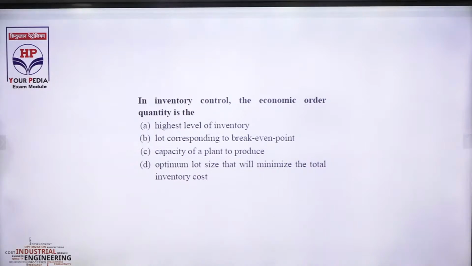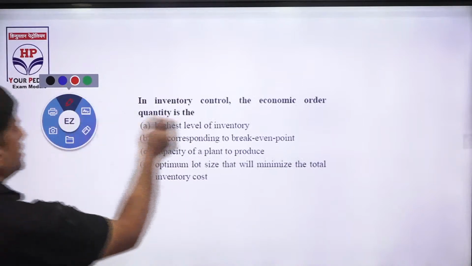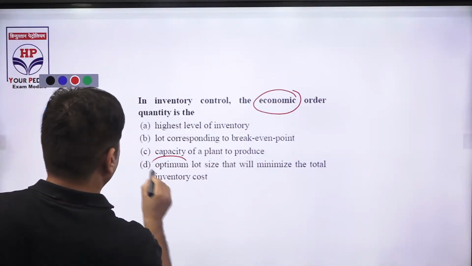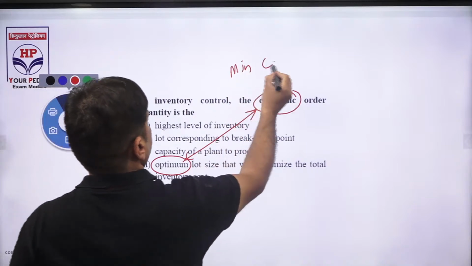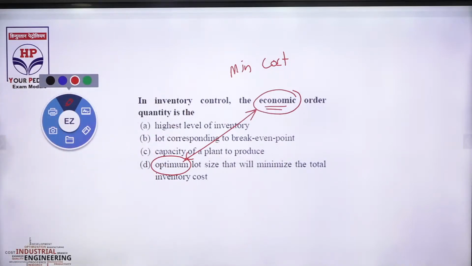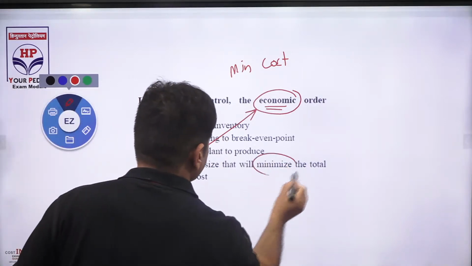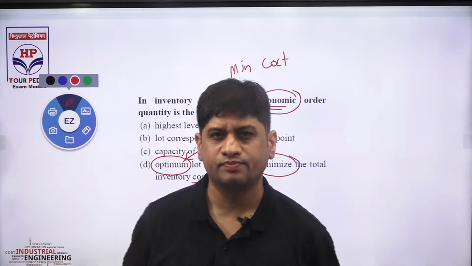In inventory control, the economic order quantity is what? Give the answer to this question. What is economic order quantity? I told you there is a name related to economic order quantity. When you say economy, that means optimum, minimum cost. So in economic order quantity, the word economy means the optimum size of the lot that minimizes the cost. Optimum is minimizing the cost. The word optimum is related to the cost only.